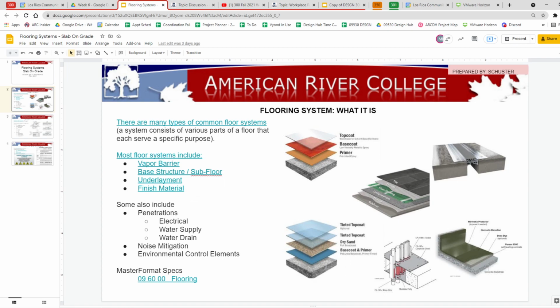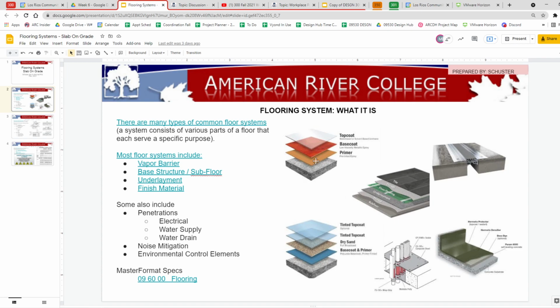There's often some sort of base structure or subfloor, like it's shown here, that's put down on top of the concrete in some fashion. There's an underlayment, which is usually like a subfloor has some oomph. It's usually some sort of a thicker material that's sort of stiff, that's giving some sort of structure on top of the concrete, on top of the slab.